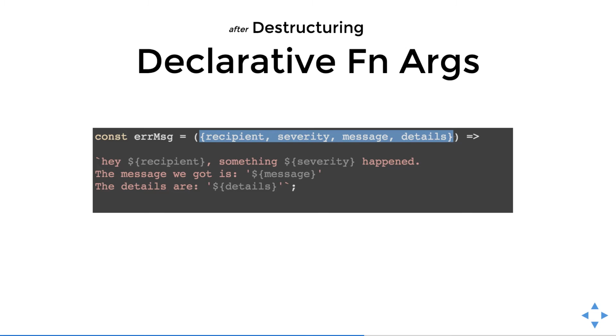This could be a big, giant, ginormous object of any shape, size, or form. But on that, it needs to have these four properties, and when an object comes in with those four properties, it's going to produce that. So if I call error message, I can pass in any object, but it has to have those four properties. Correct. It'll destructure it. Okay, I get it.